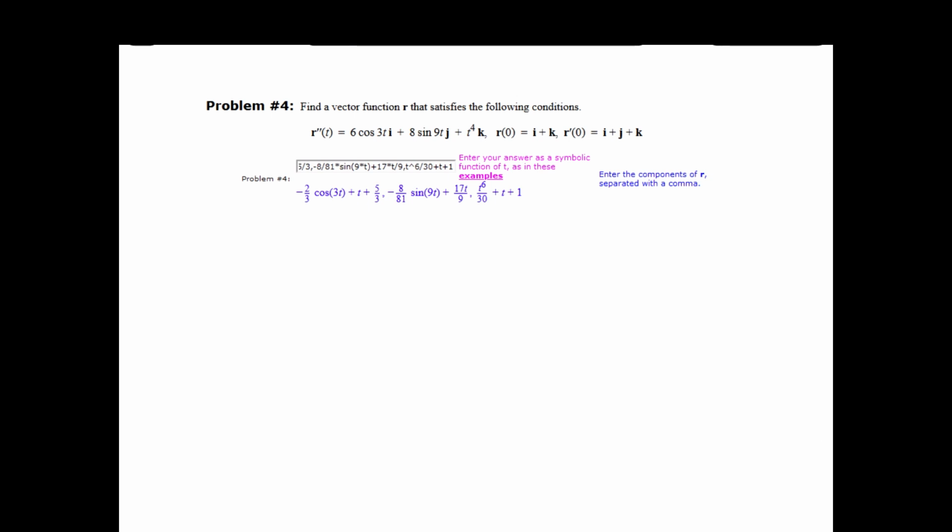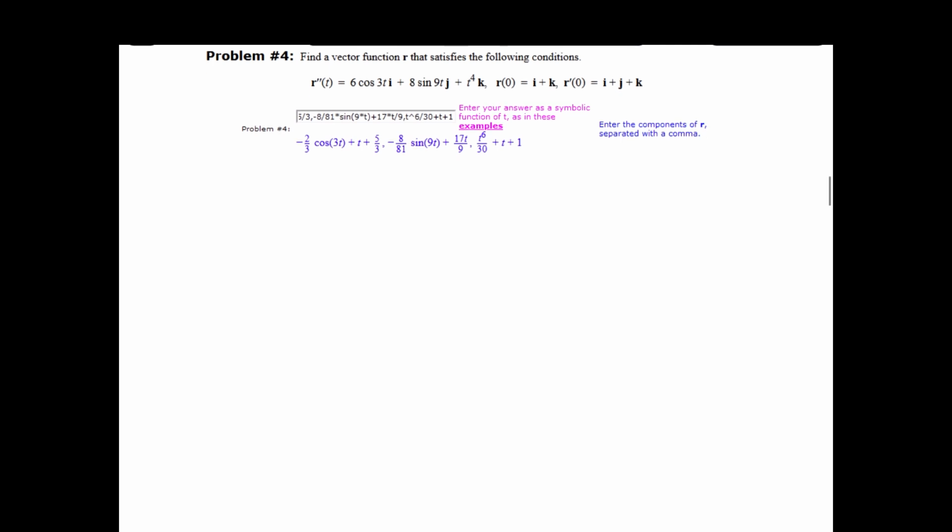Now we're going to move on to 4. So let's go in purple this time around. 4, we're asked to find an R vector. You can kind of tell already you're going to be doing some integration because it's basically like R prime and then R, and we've already seen that a bunch of times before. So let's do the double integral.